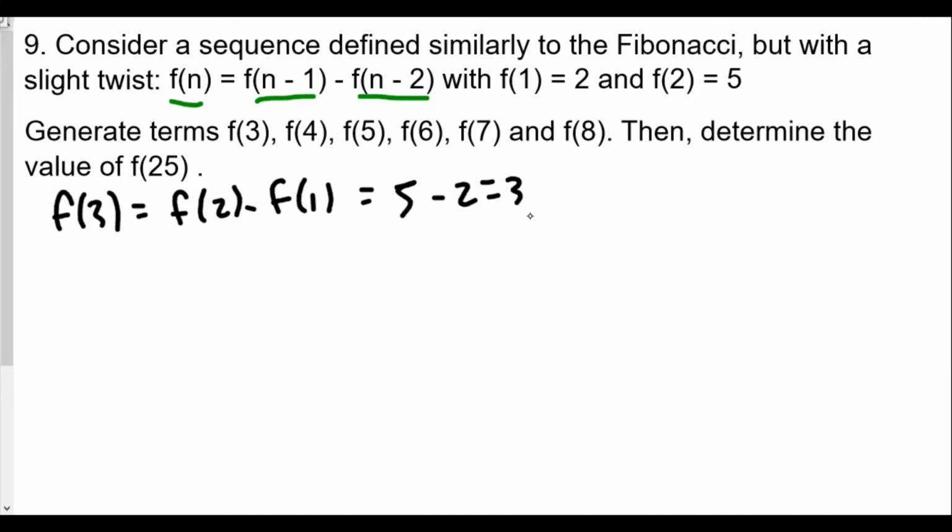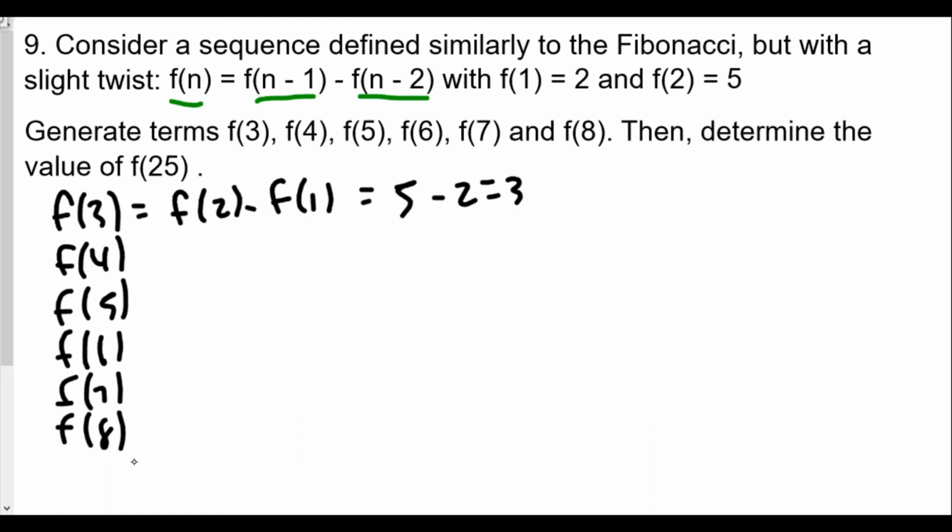And so we're trying to find f of 4, f4, f5, f6, f7, f8, and then f25. And the question is, do we need to find all of these terms in between the 8th term and the 25th term? Maybe, maybe not. Let's take a look here.